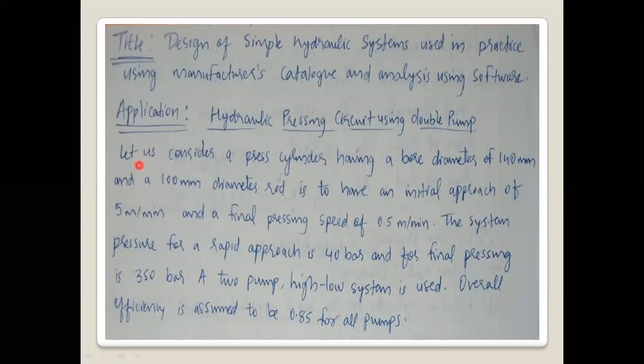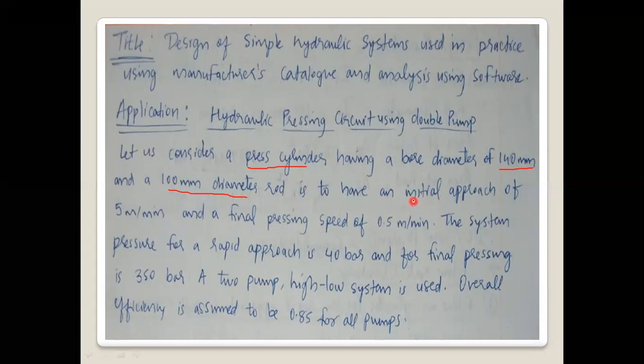Let us consider a press cylinder. Here the cylinder I am considering is a hydraulic cylinder. It has a bore diameter of 140 mm, which means the piston diameter is 140 mm, and the rod diameter is 100 mm.